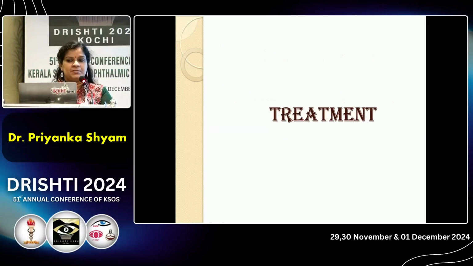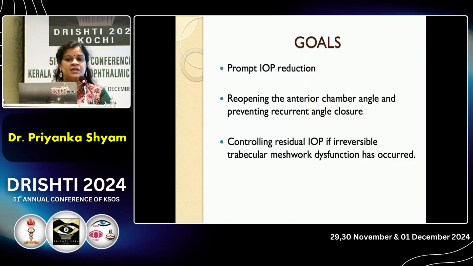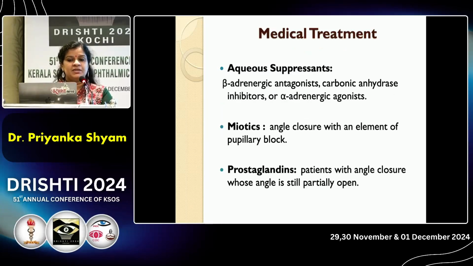Coming to the treatment part, the goal of treatment is mainly to reduce the IOP, to reopen the anterior chamber angle and prevent recurrent angle closure, and also for controlling residual IOP if irreversible trabecular meshwork dysfunction has occurred. So the medical treatment is mainly by aqueous suppressants, miotics. They are useful in angle closure with an element of pupillary block.